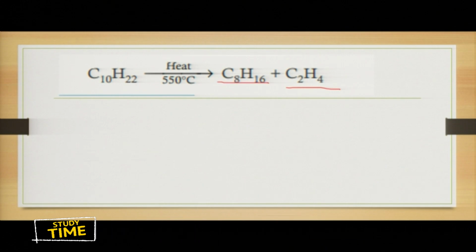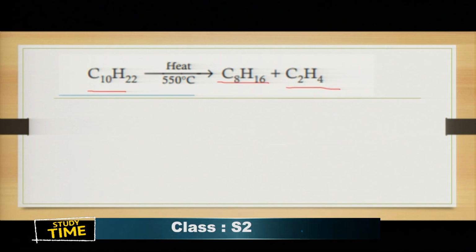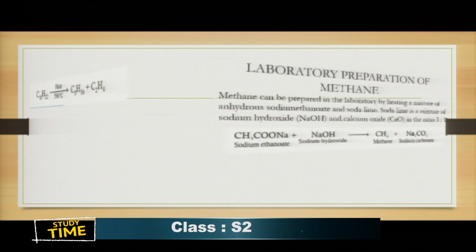So this is a bigger molecule with so many carbon atoms, and then it is heated at high temperatures. It breaks down into smaller useful molecules, which will produce an alkene, an alkane, and sometimes hydrogen can also be liberated.